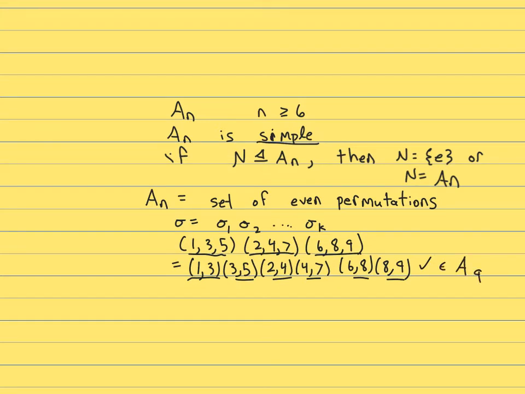group A_9. And so one of the theorems you prove in a lower level modern algebra course is that if you write a permutation as a product of transpositions, then r is congruent to k mod 2.